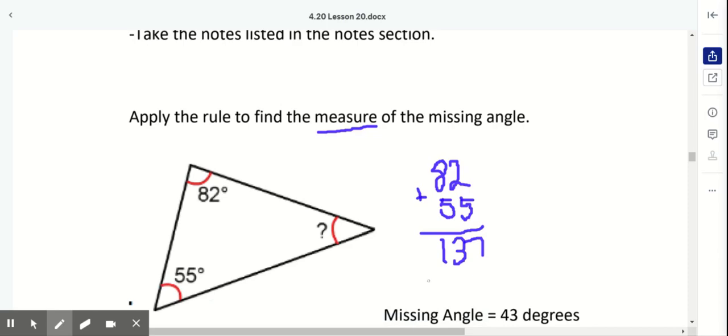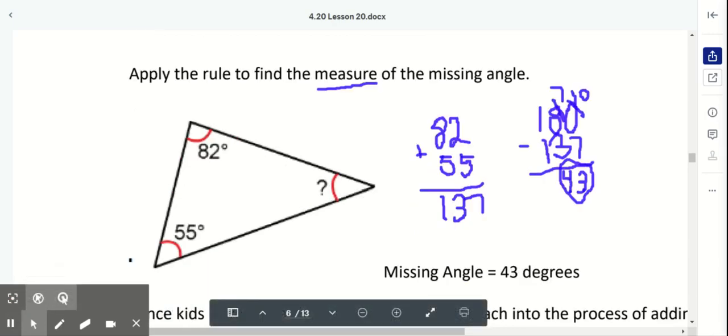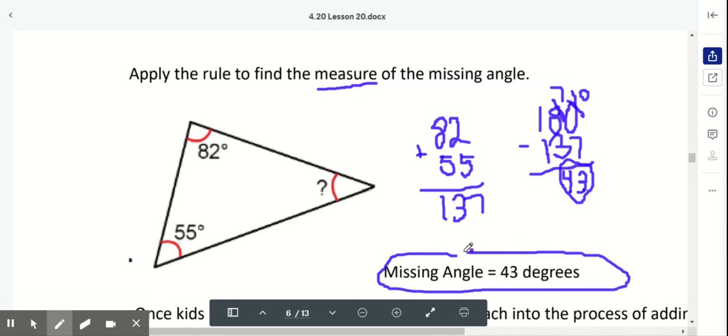That's right, we're going to subtract 137 from 180. So 180 subtracted by 137 is 43. So our missing angle is 43 degrees.